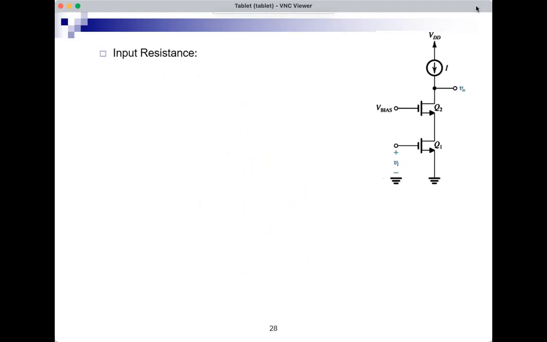So let's do the input resistance for the amplifier. It's VI over RI. VI is at the gate, and there's no input current. So here's the input current for the overall amplifier, and it's 0 because the input is connected to the gate of Q1. By inspection, we can say that the input resistance would go to infinity.